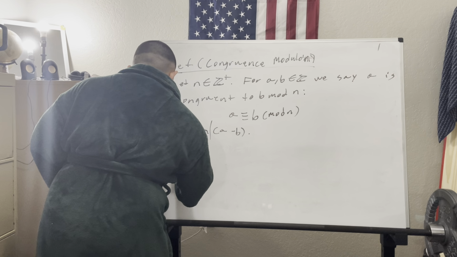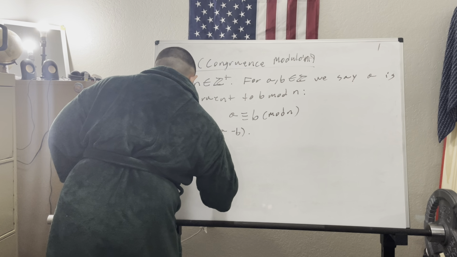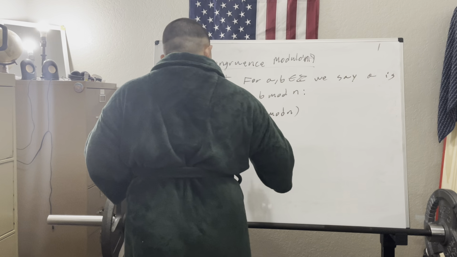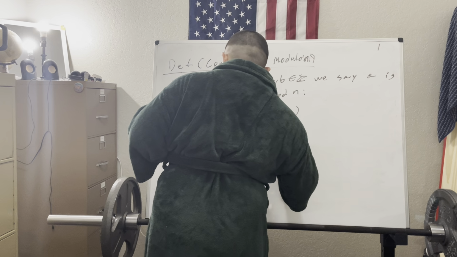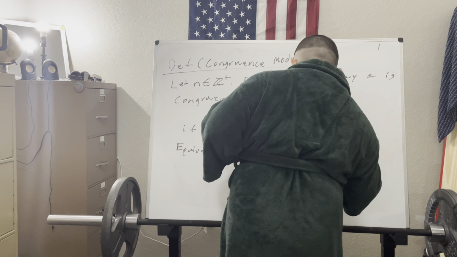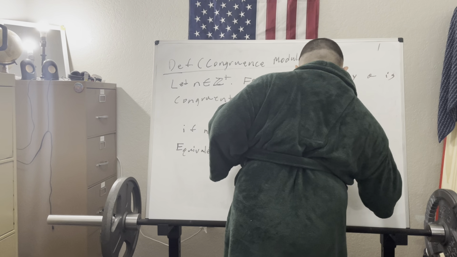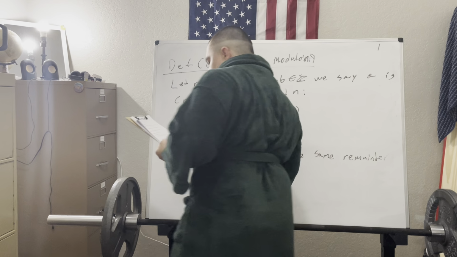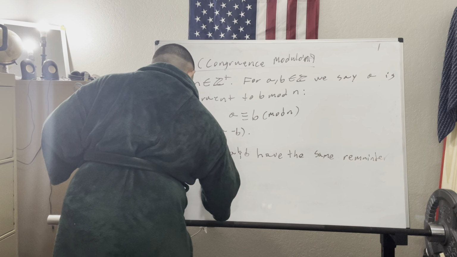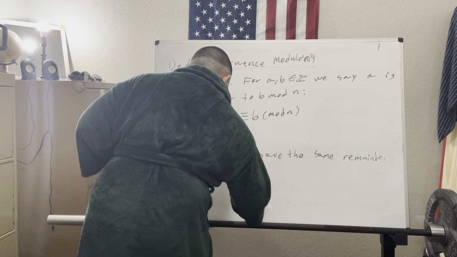Equivalently, a and b have the same remainder upon division by n.